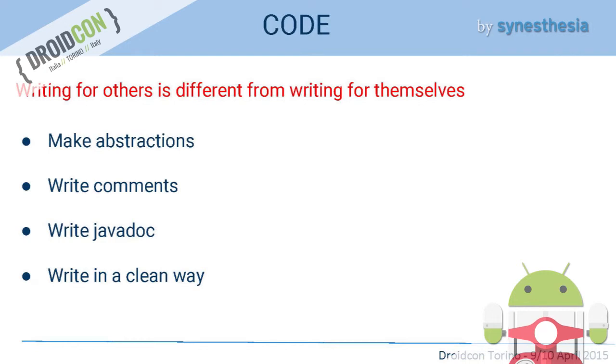Because writing for others is different from writing for yourself. You have to write a lot of comments, Javadoc. You have to try to do your library in the best way, in a clean way. You have to do some abstraction because you don't know in which way other people will use your library.